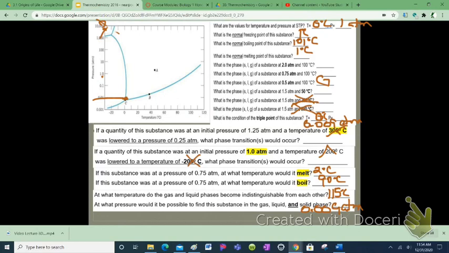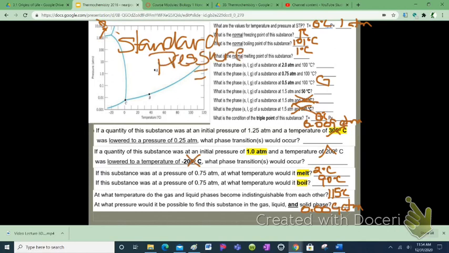A couple things I do want to make sure that you remember: standard pressure is always going to be 1 atmosphere. Standard temperature is always going to be at 0 degrees Celsius. So if I ask you a question about standard pressure, or at standard temperature, or the pressure at standard temperature, whatever, make sure you remember that it's 0 for standard temperature and it's 1 atmosphere for pressure.